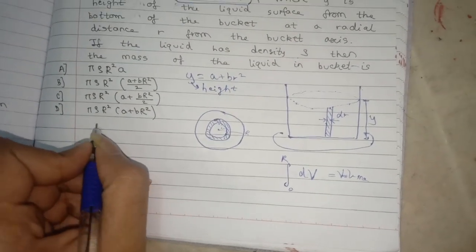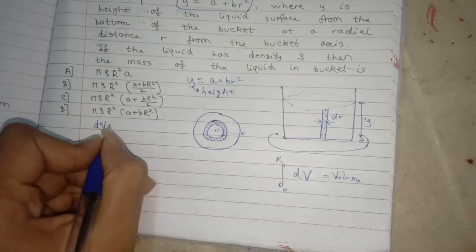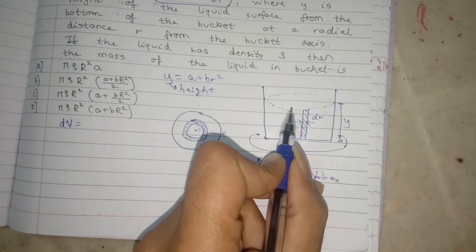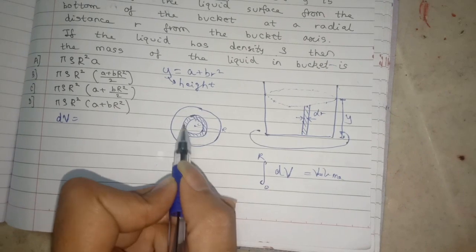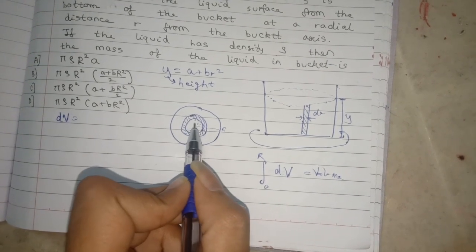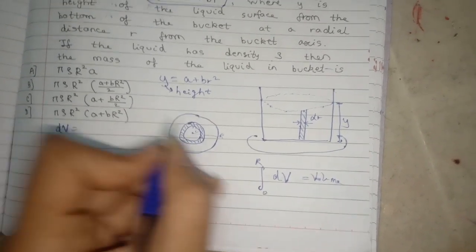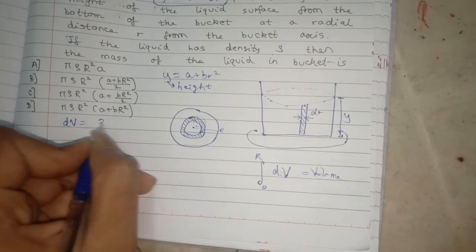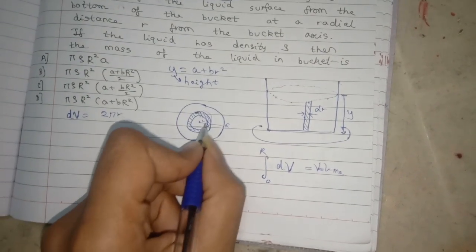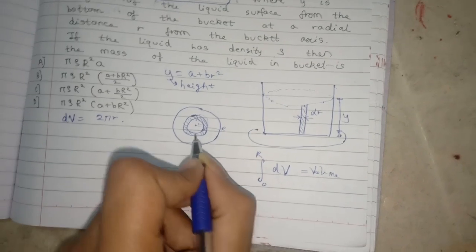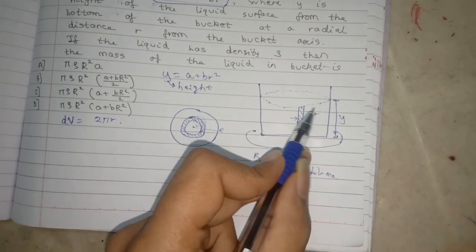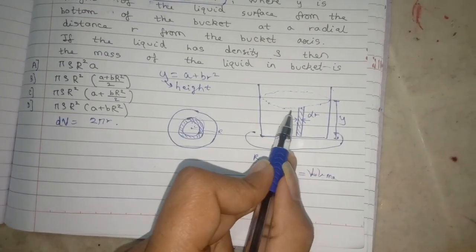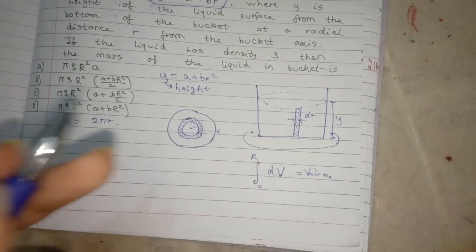I have to find the volume of the strip covering the whole bucket, that is the circumference of the strip, which is 2 pi r, that is the periphery, into height.